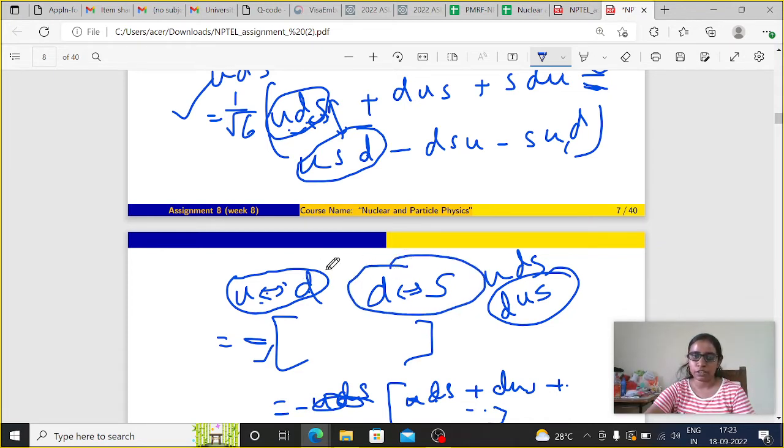It is not that you are doing the same thing simultaneously. Obviously if D will be replaced by U, then how can D be replaced by S? So in one expression you can replace D to U, U to D, and in another term D to S, S to D, so that you can have this type of expression with minus sign. So this is called the fully antisymmetric.